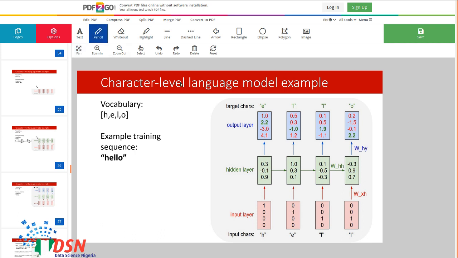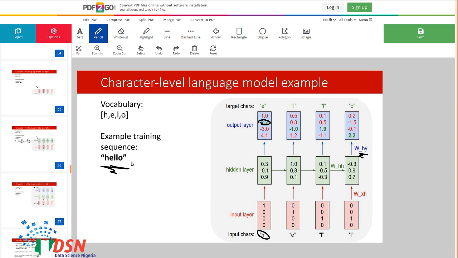After that, we create the output by applying the matrix of weights for getting the output, W_hy. In the first step, when we pass H to the network, it predicts E for us, because we trained the model on hello, or on a sequence.